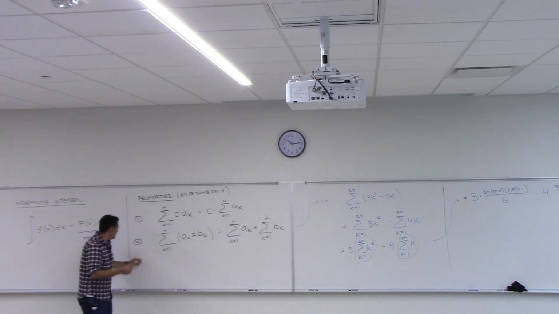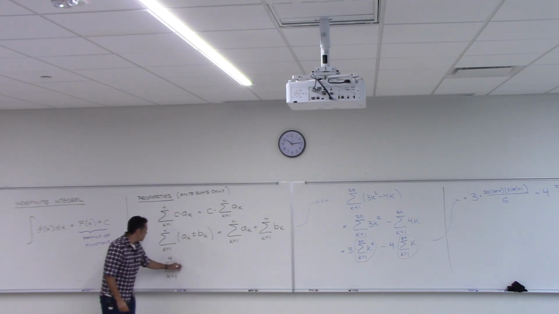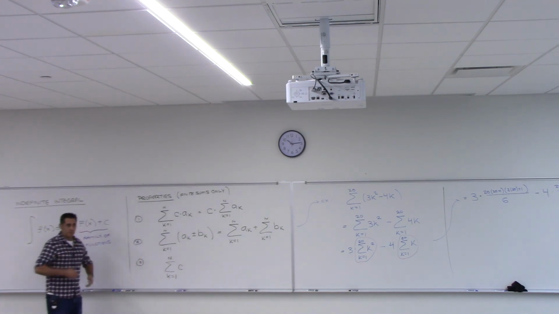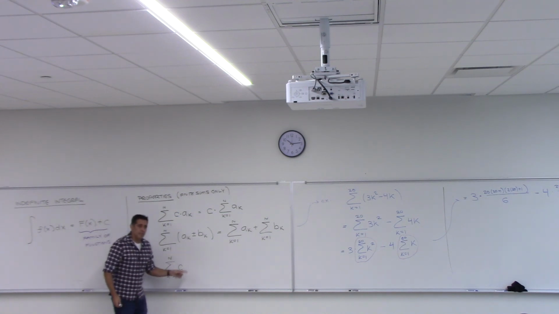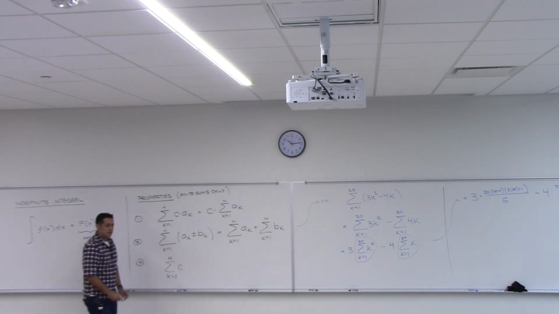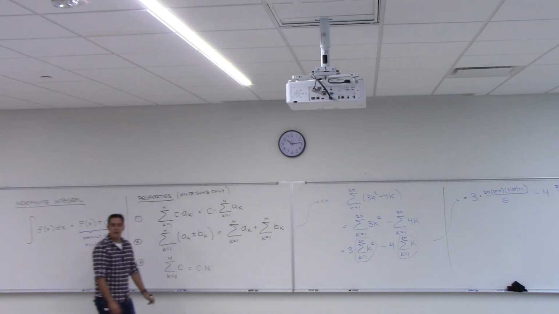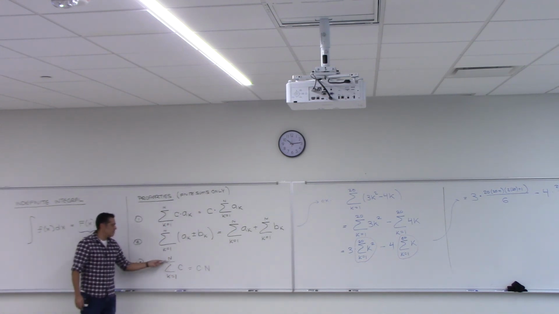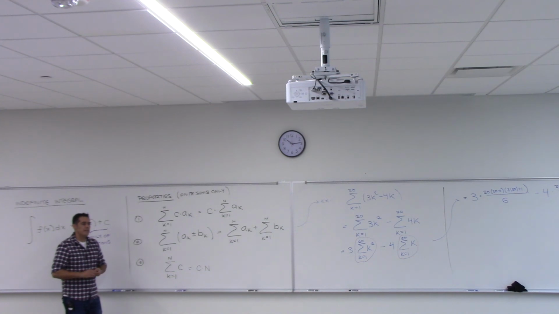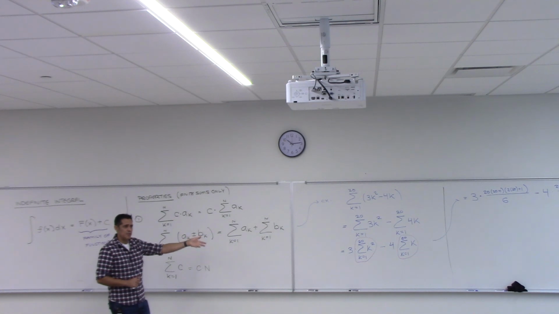The last property we actually looked at earlier. If you have the sum k equals 1 to n of some constant c, this is just c plus c plus c, n times. That's what that is. So this is just c times n. That's all that is. It's just this number times that number. We did that example with the sum k equals 1 to 10 of the number 3, and the answer was 30.